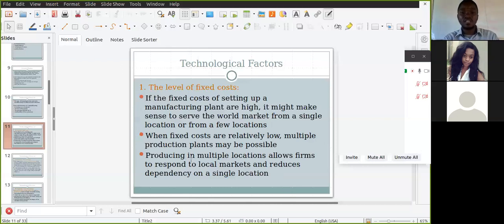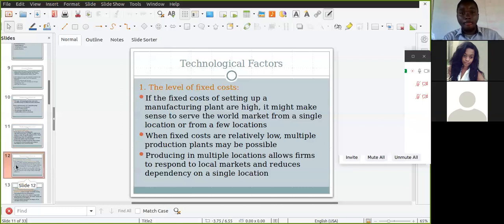So this is an advantage of setting yourself up in multiple places. You're going to reduce the distance, and you also will be ready for the growing demand that can be realized in other places, because you're always there. You're ready to be there, unlike being in one single location.